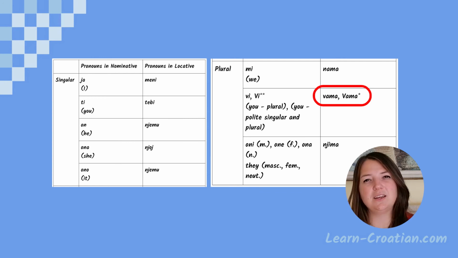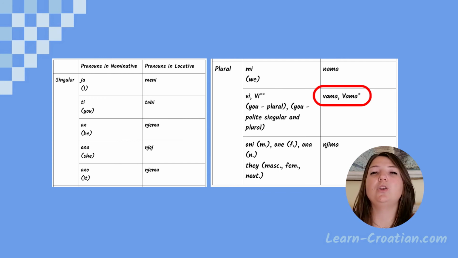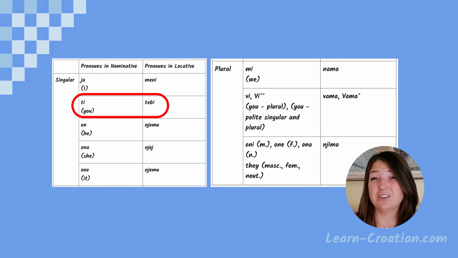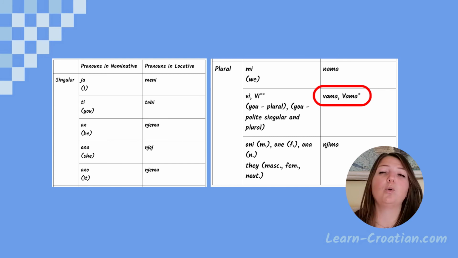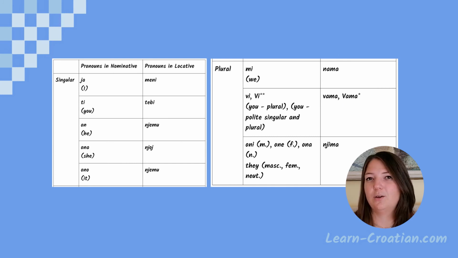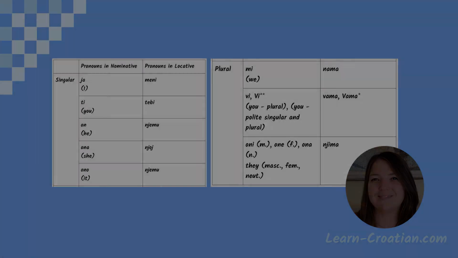That's because in Croatian, when you want to address an older person, or you want to express respect, then you would never use the second person singular, ti, you use vi. And in writing, it is always capitalized with the big V.